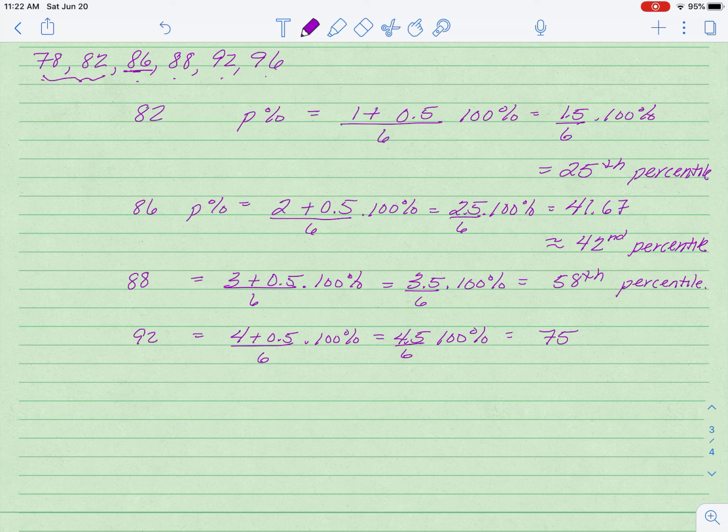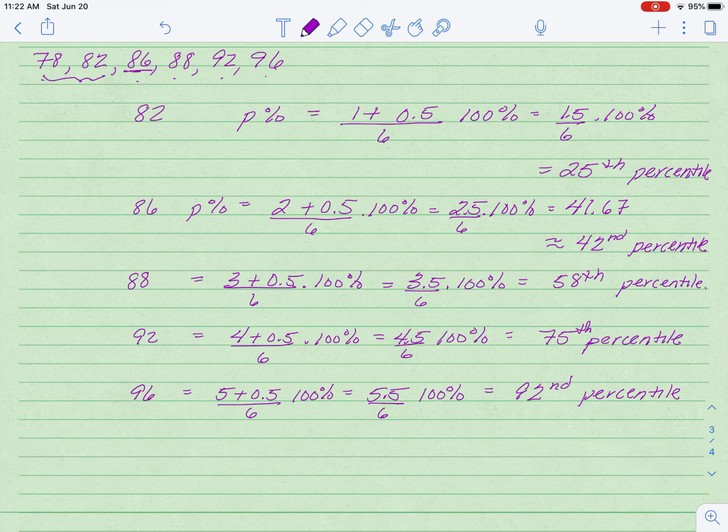That's the 75th percentile. And the last one, 96, there are 5 numbers below it. So I get 91.67, so it's 92nd percentile.